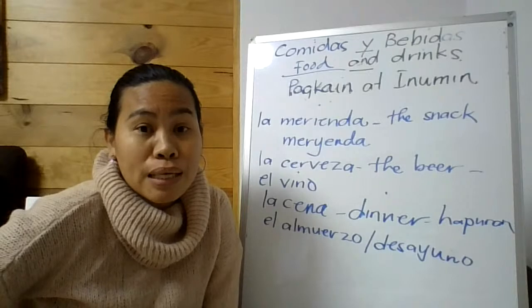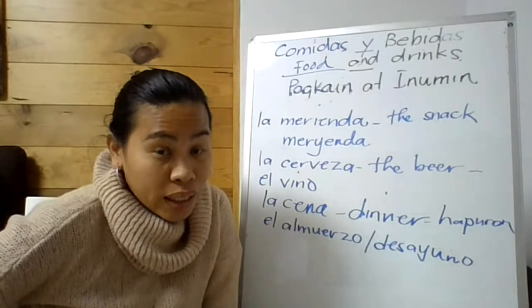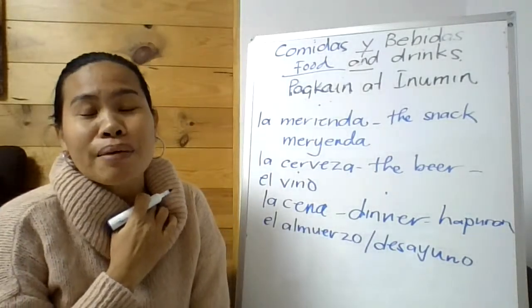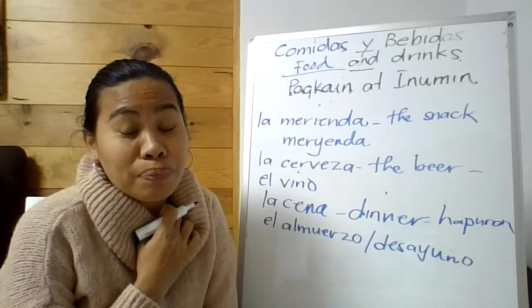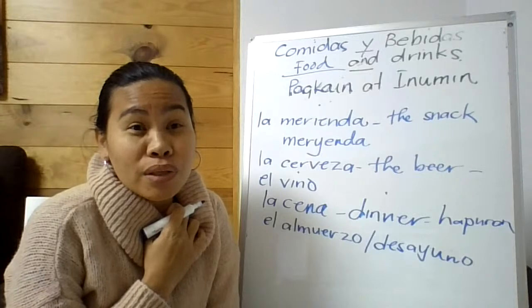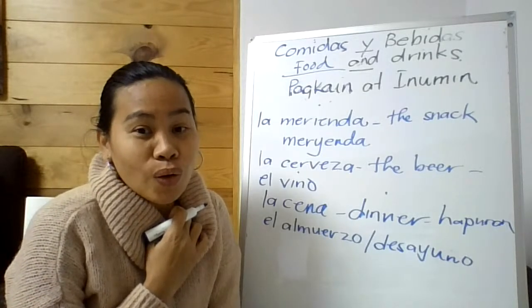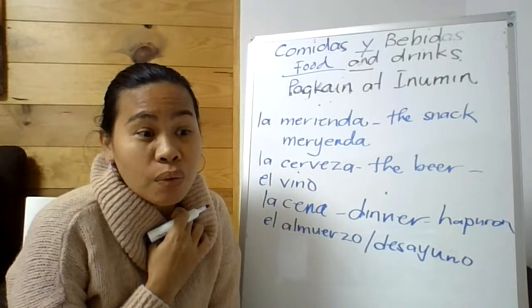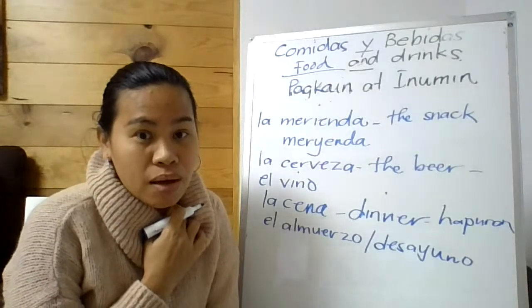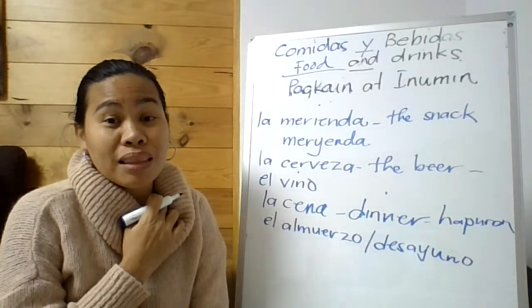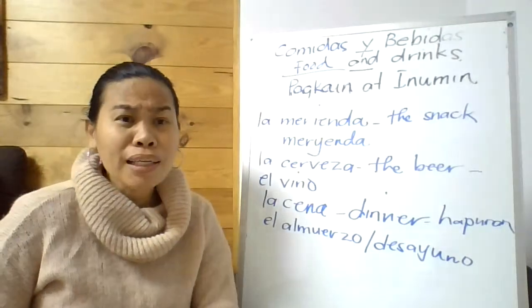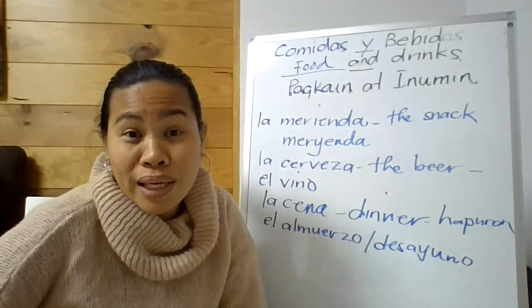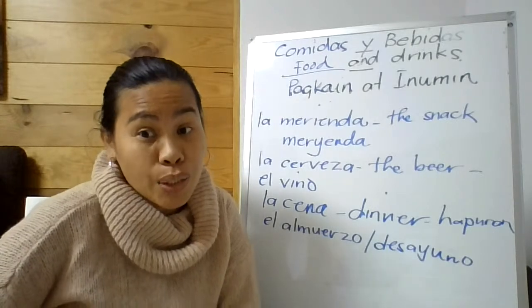Desayuno is like, for example, early in the morning. Di ba tayo sa Philippines, like mga 6 a.m., nagko-coffee and pandesal lang tayo. So, ang desayuno dito, parang ganon. You want coffee and then a toasted bread with butter and jam. Mermelada. Con mantequilla y mermelada. Desayuno. Parang yung quick and light breakfast, desayuno.